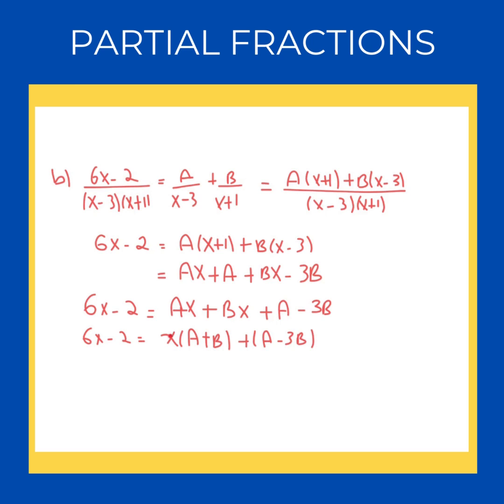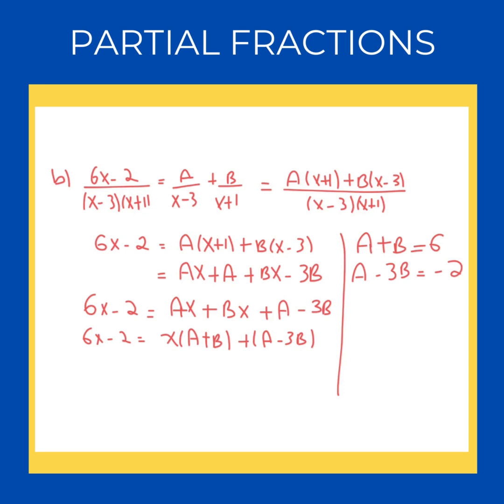Now I'm going to equate the coefficients. The coefficient of x here is a plus b, so I'm going to equate a plus b to 6 and a minus 3b to negative 2. So I have two simultaneous equations: a plus b equals 6 and a minus 3b equals negative 2. How can I find a and b?